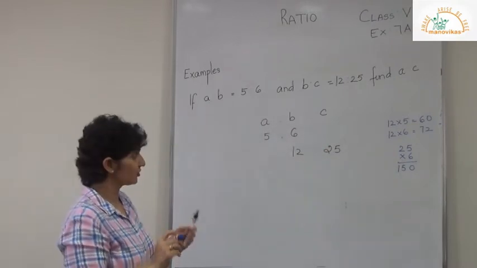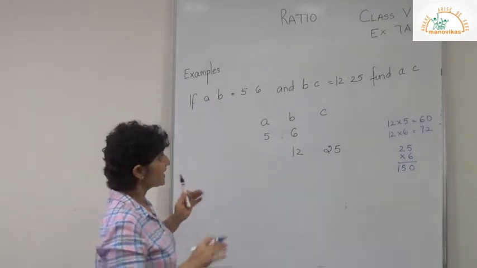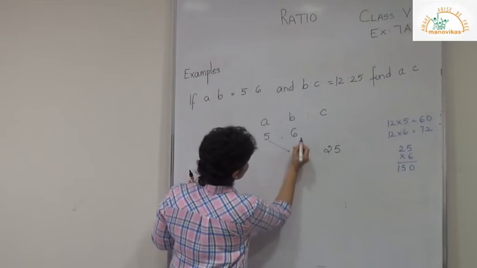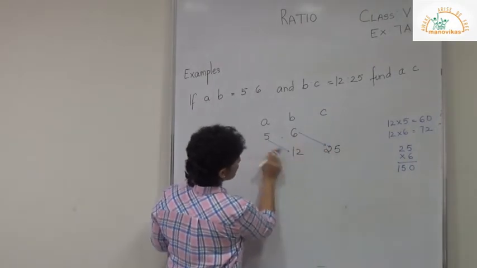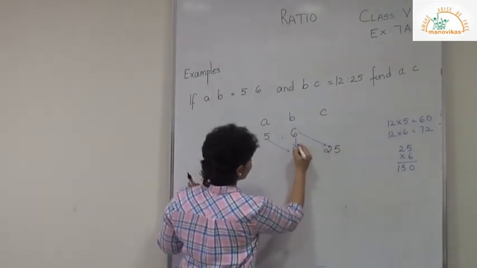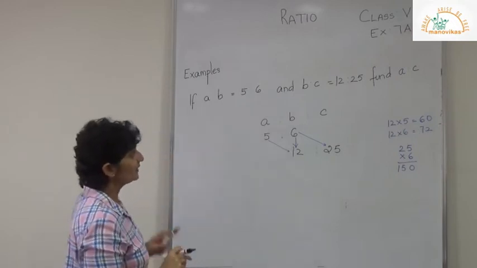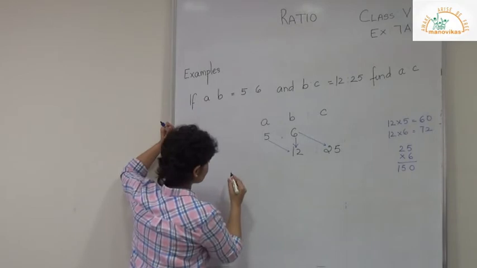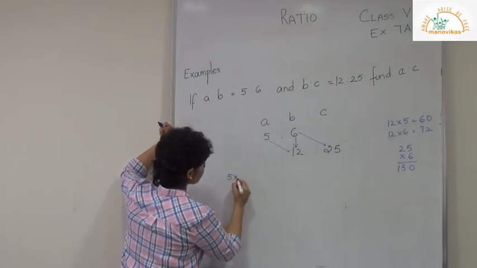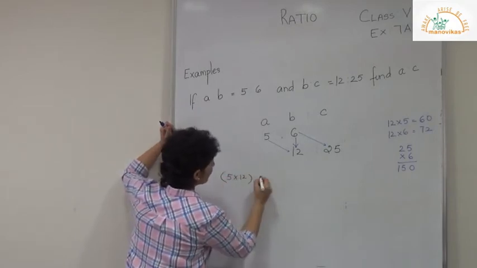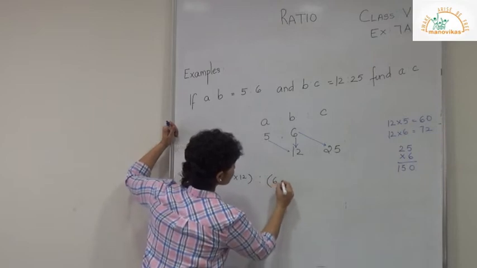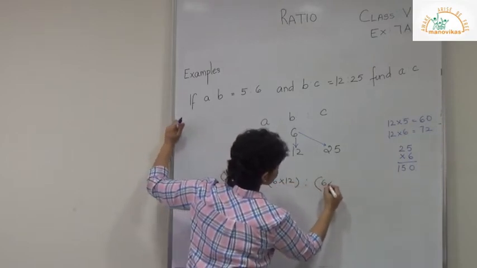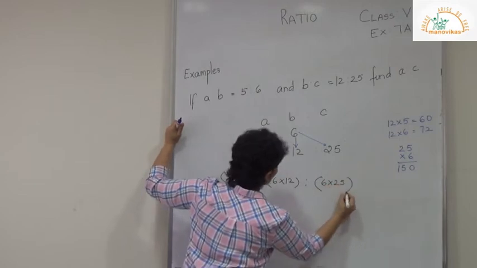Now remember one thing, children, when you are doing sums like this and how to find out the ratio, just learn to put 2 arrows for the slant. So what am I doing? I am actually multiplying 5 into 12 is to 6 into 12 is to 6 into 25.